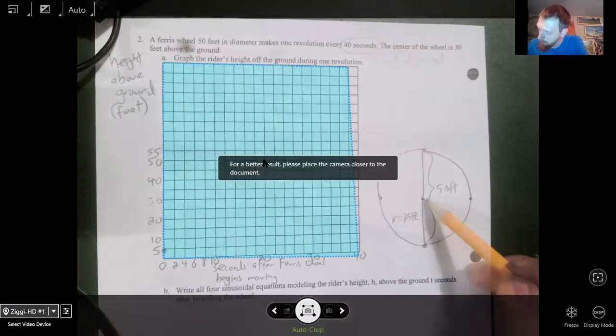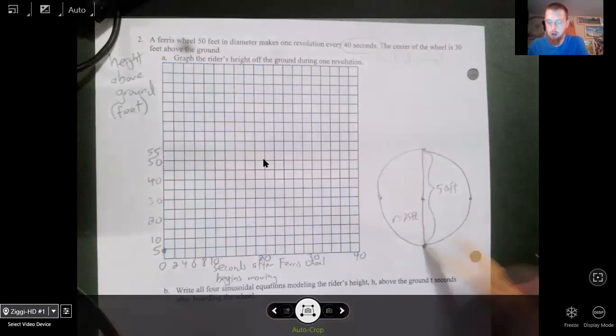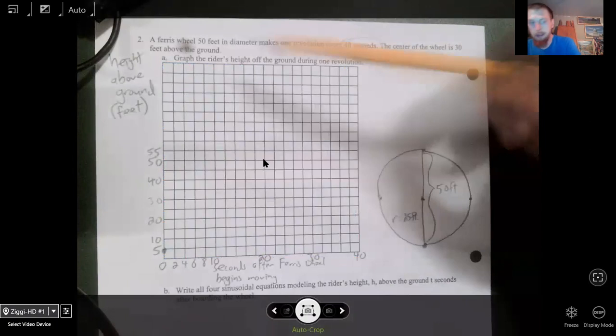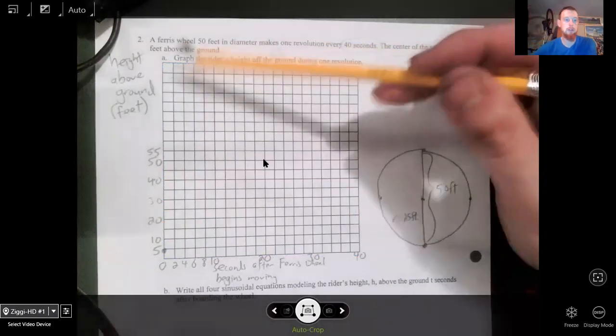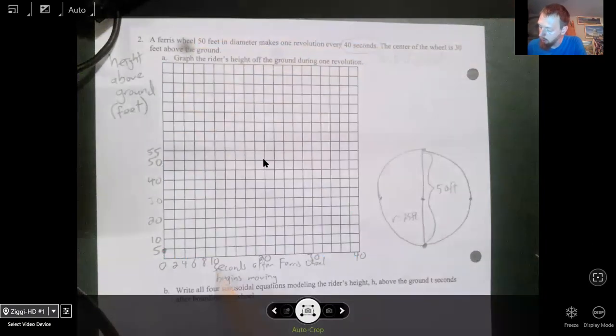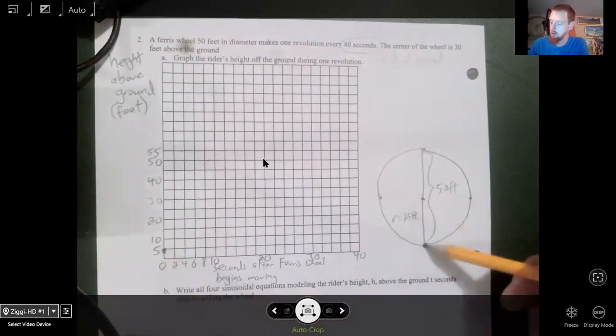So if Ryan Gosling is starting here at the lowest point, and how have we labeled our axes here? The dependent axis is height above the ground measured in feet, and the horizontal axis, the independent axis, is labeled as the number of seconds after the Ferris wheel begins moving. So at the very beginning, he would be 5 feet off the ground, right? The radius of the Ferris wheel is 25 feet.